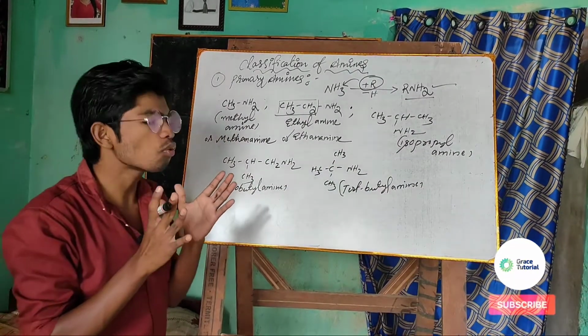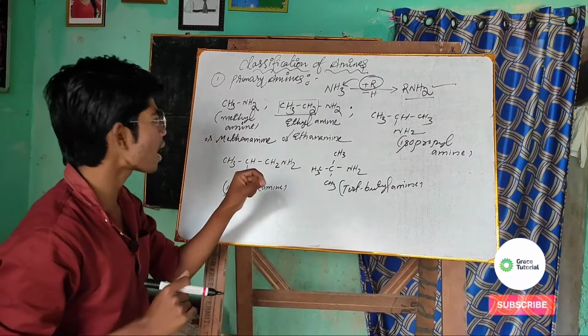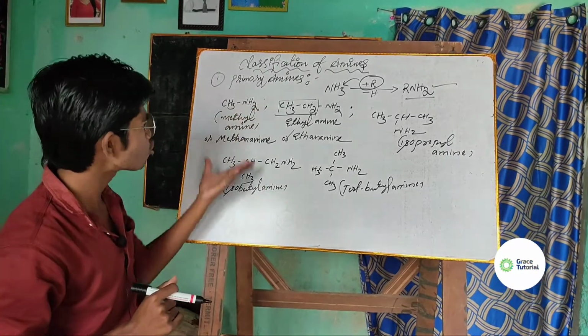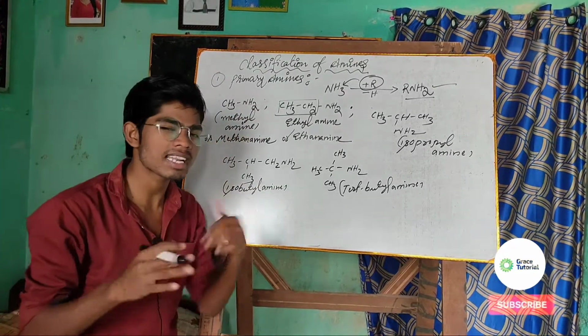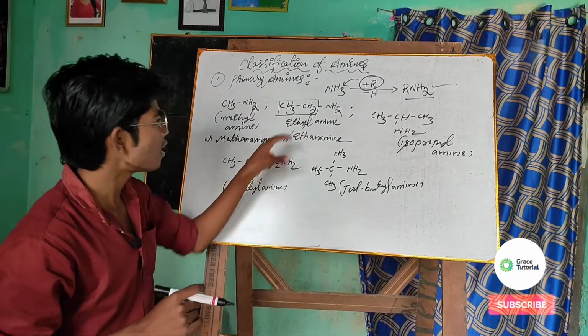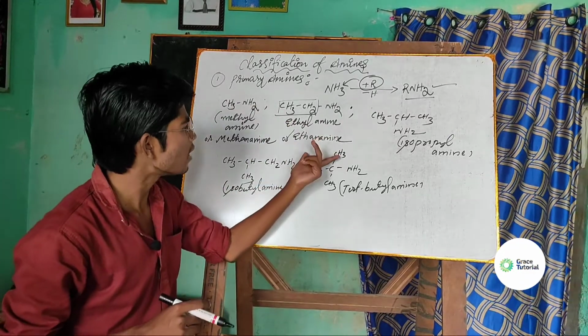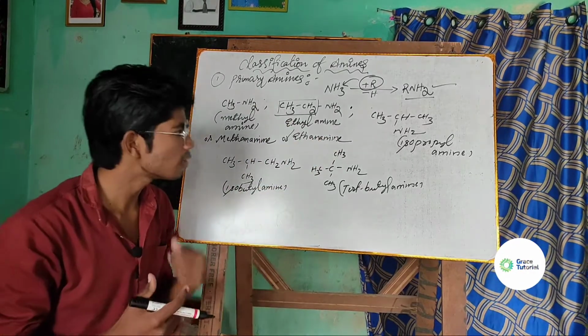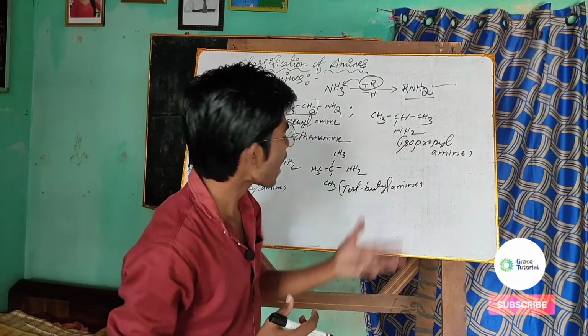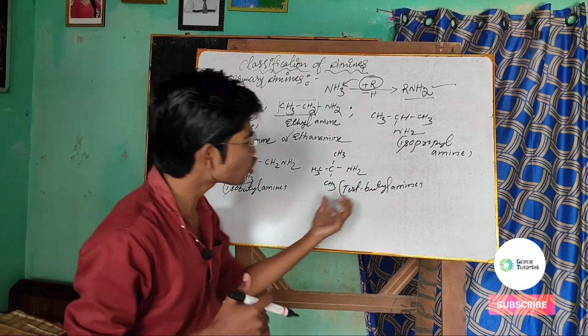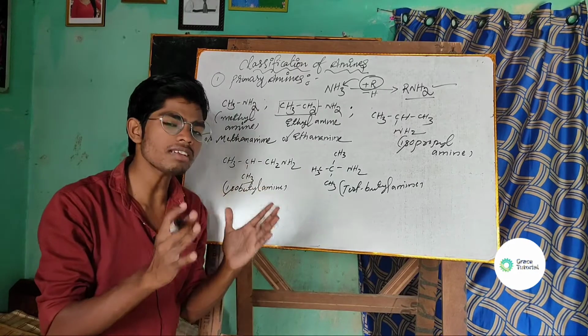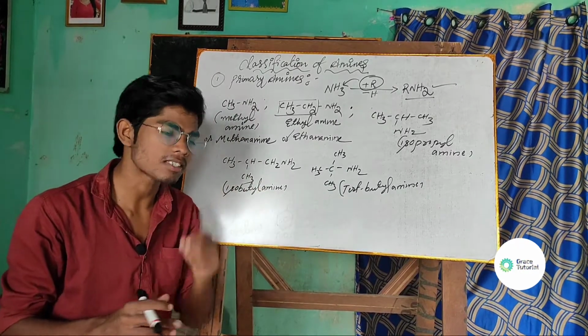And I have given you various examples of this primary amine. CH3NH2, the methylamine or methanamine, is an example of primary amine. Similarly, ethylamine or ethanamine is also an example. Similarly, isopropylamine, isobutylamine, tertiary butylamine, these are the different examples of the primary amines.